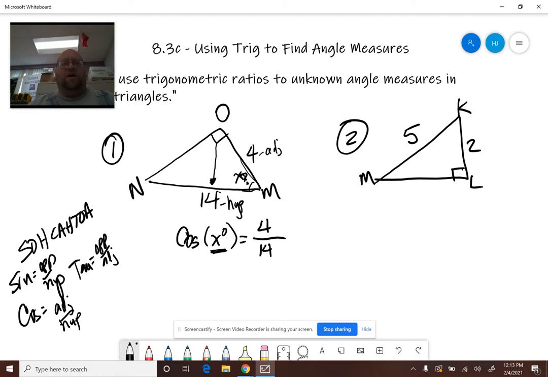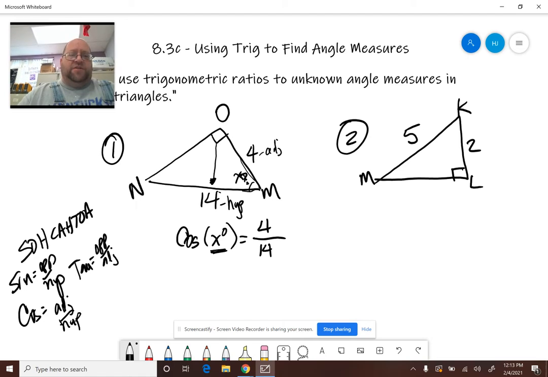Those are called inverse operations. You can't just divide by cosine because that doesn't make sense. To figure out the degree measure, I have to do inverse operations to get cosine away from the x.